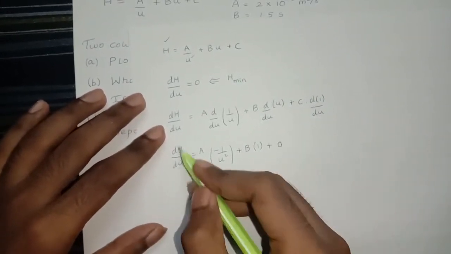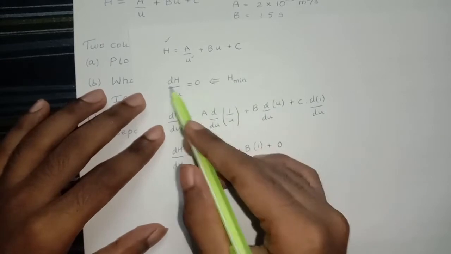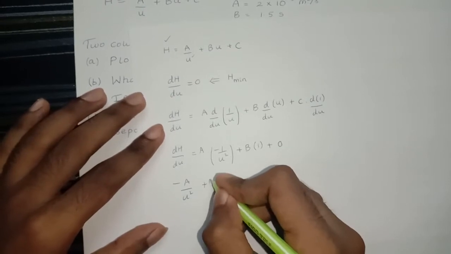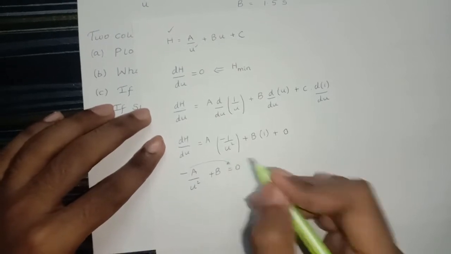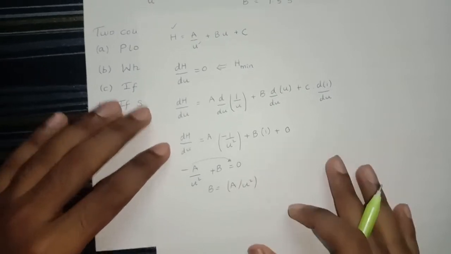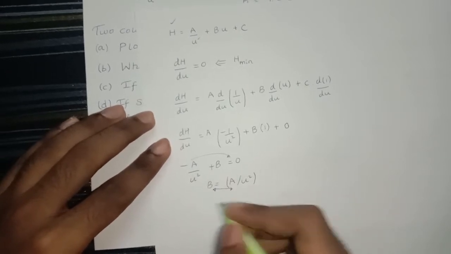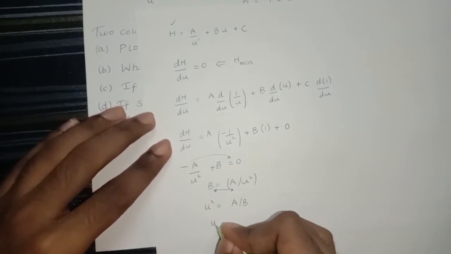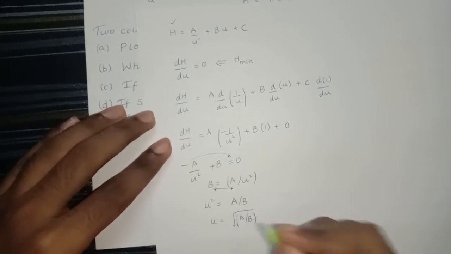So we have the expression dH by du is equal to minus A by u square plus B. To get H minimum, this should be equal to 0. Therefore minus A over u square plus B should be equal to 0. Let's take this term to the other side. Therefore B is equal to A over u square. Cross multiplying, u square is equal to A by B. So the value of u is equal to root A by B.